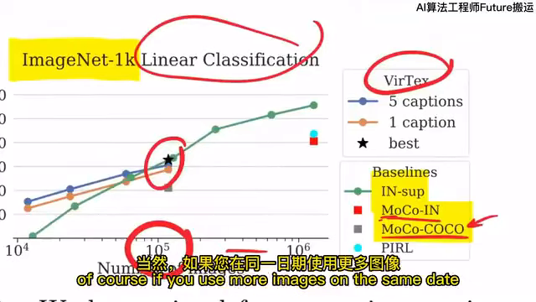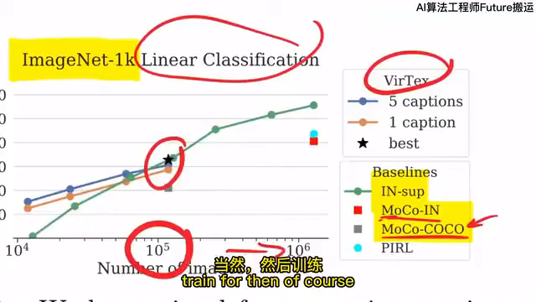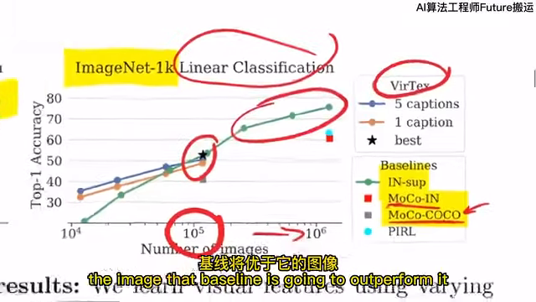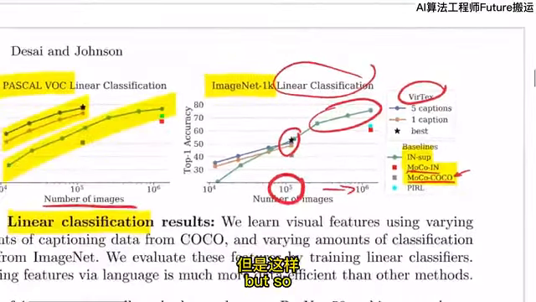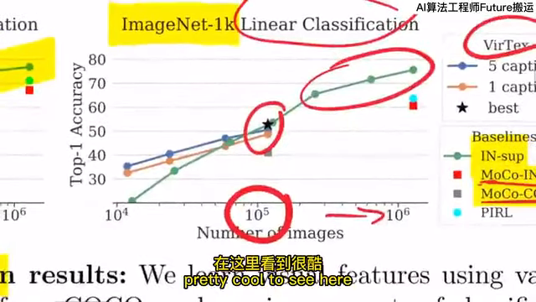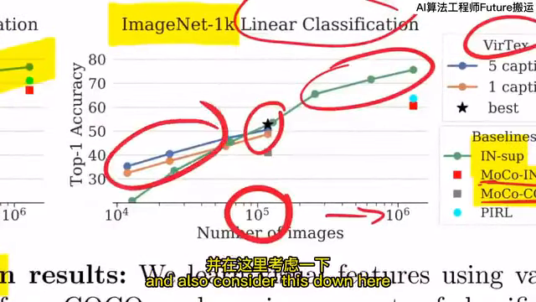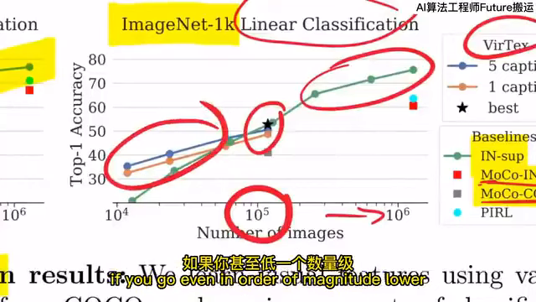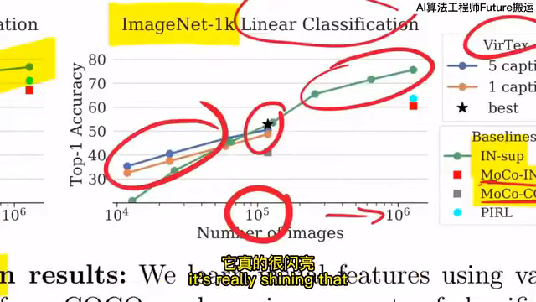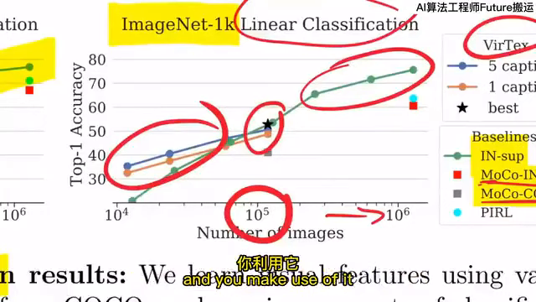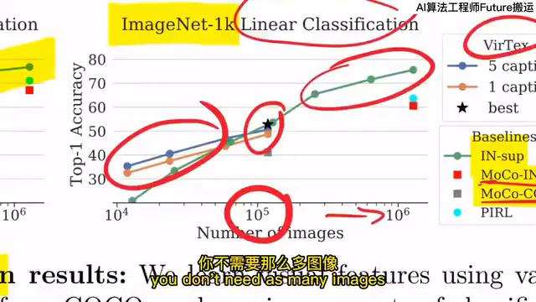Now, again, of course, if you use more images on the same data set that you then train for, then of course the ImageNet baseline is going to outperform it. But pretty cool to see here that in this smaller image regime, and also consider this down here, if you go even an order of magnitude lower, it's really shining that if you have higher quality information and you make use of it, you don't need as many images.